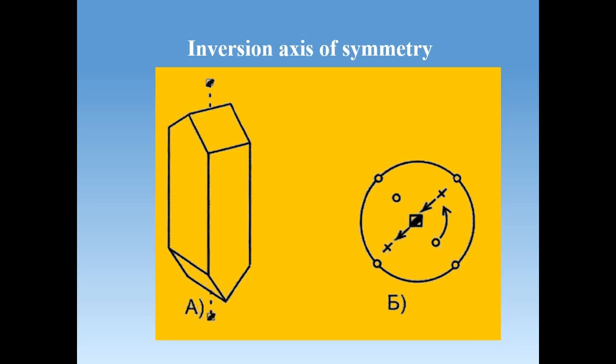Thus, getting acquainted with the elements of symmetry, we conclude the outer apparent symmetry of the crystal is fully described by the symmetry elements: the axis of symmetry Ln and the inversion symmetry axis Ln minus.